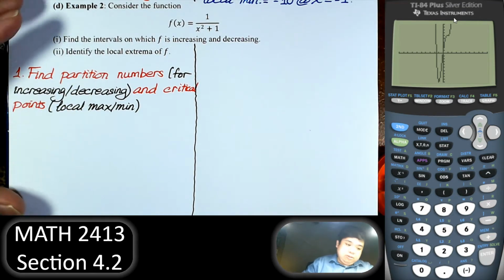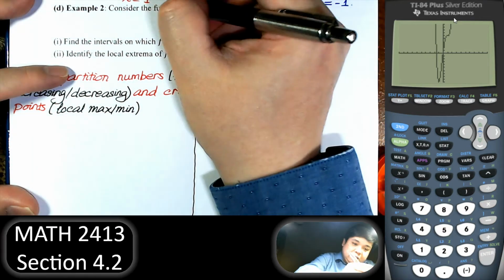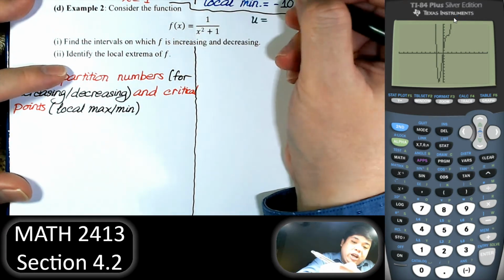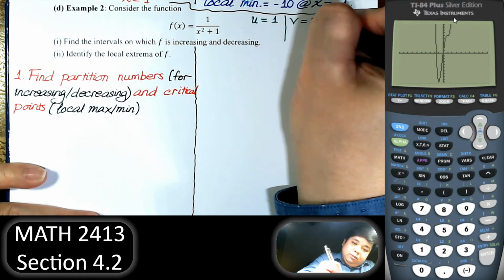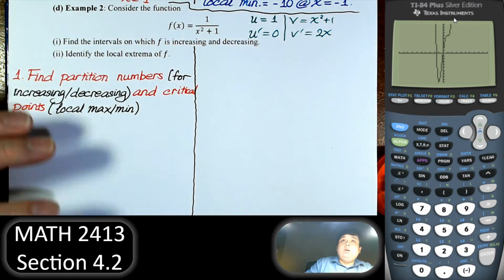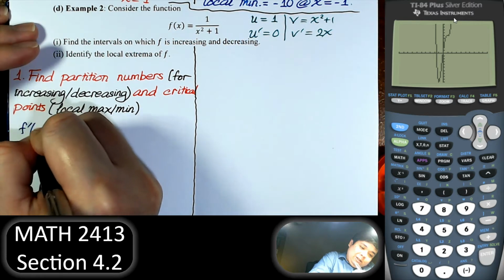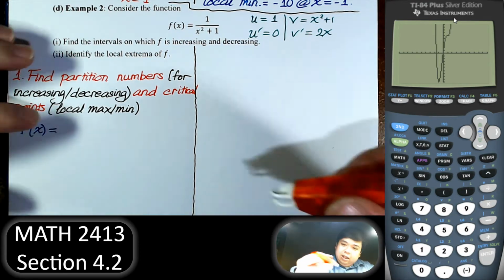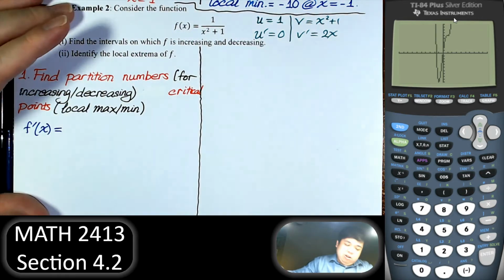So that is the function. I'll find the derivative. I will use the quotient rule, even though we could just use the chain rule, because those are almost the same.